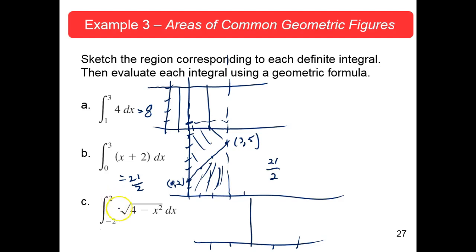And your function is always positive, right? When you put a minus 2 in there, you get a 0. You put a plus 2 in there, you get a 0. You put a 0 in there, you get a plus 2. Guess what that's a picture of?